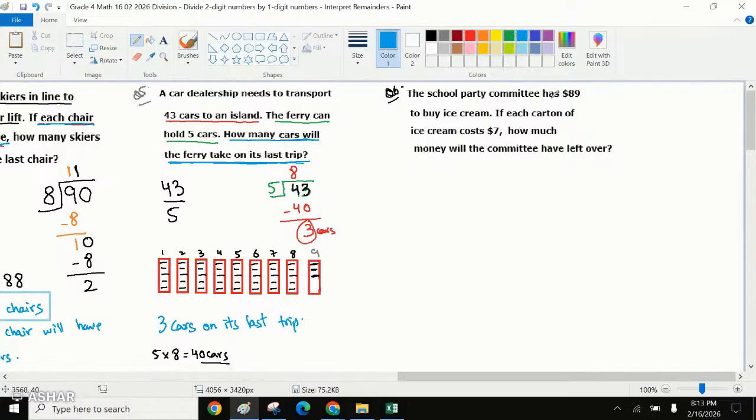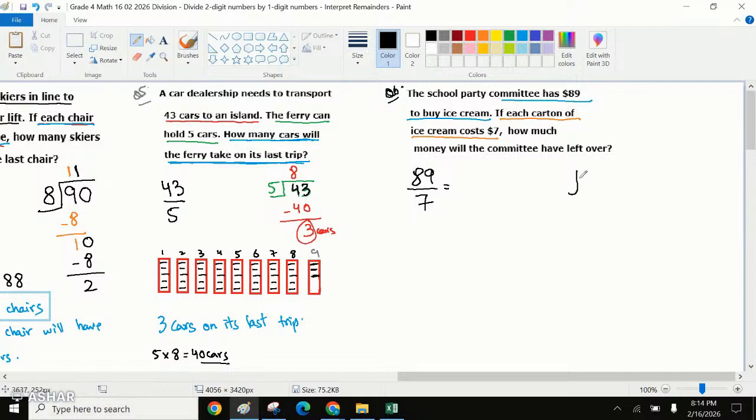The total money they have is $89, right? If they need to buy cartons of ice cream, each carton of ice cream costs $7. That means 89 is to be divided by 7 and we will find the number of cartons.